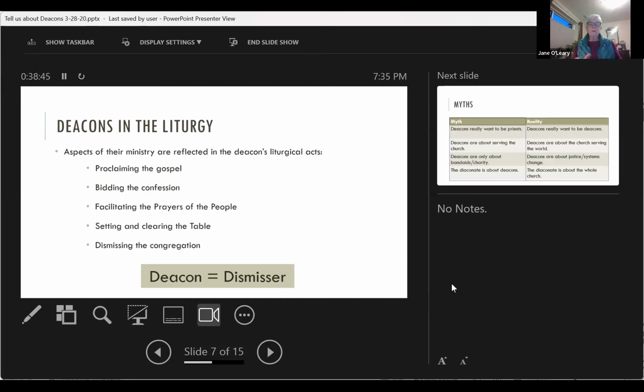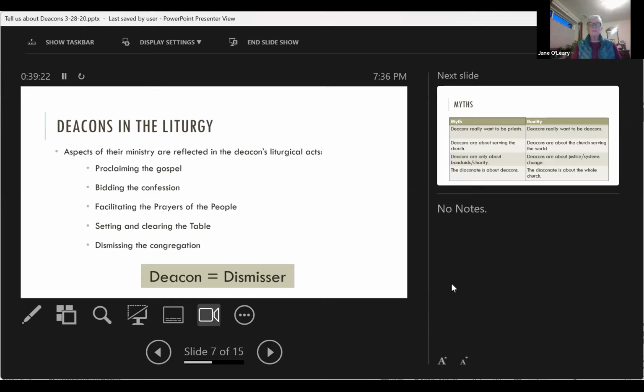The deacon's ministry is reflected in the liturgical acts. One of our primary responsibilities is proclaiming the gospel. And remember, I talked about symbols. I think this is a great symbol. When the deacon proclaims the gospel, we go to the lowest ground level of the church. The gospel is read from the ground, not from an elevated place.